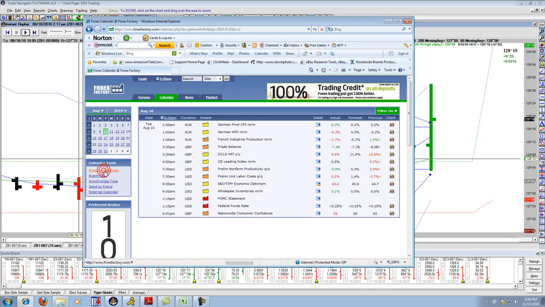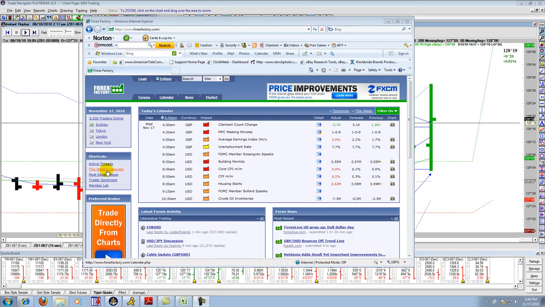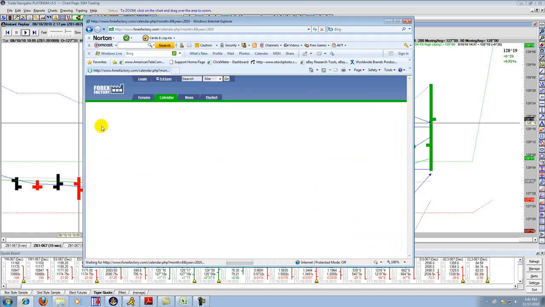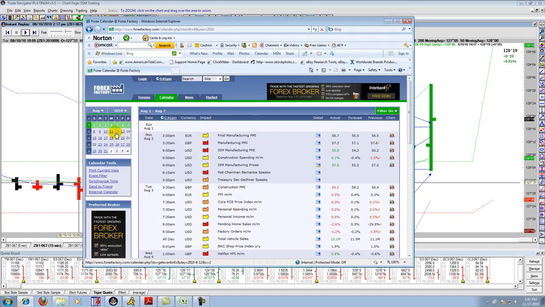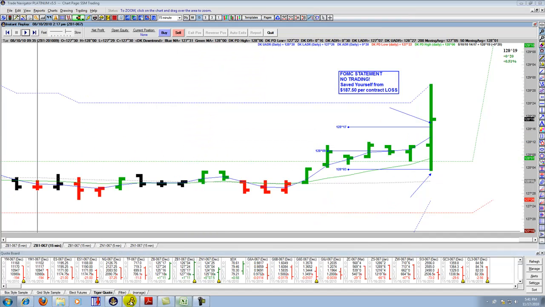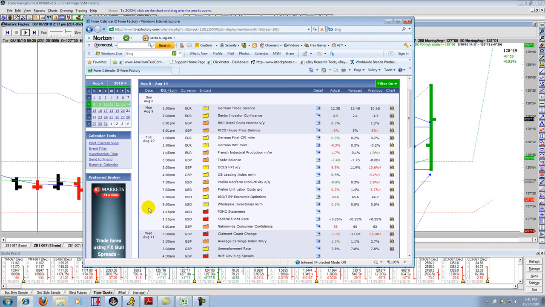So if we go back here to the beginning, look at this week's calendar, right? Then we want to go back to the time period we're looking at, August. And then this is the week of our trading week, so we can click here and look at our trading week, right?